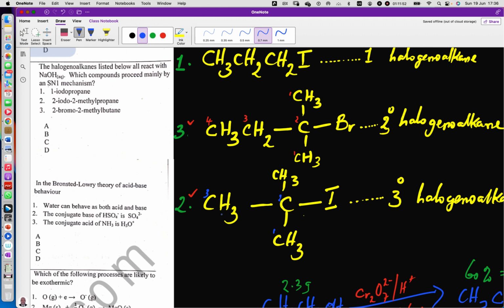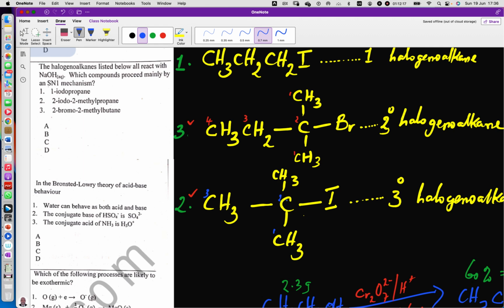Propane. It's the same thing like this one here, but the only thing is that this one is propane, while this one is butane. Number 3 is butane, and number 2 is propane.